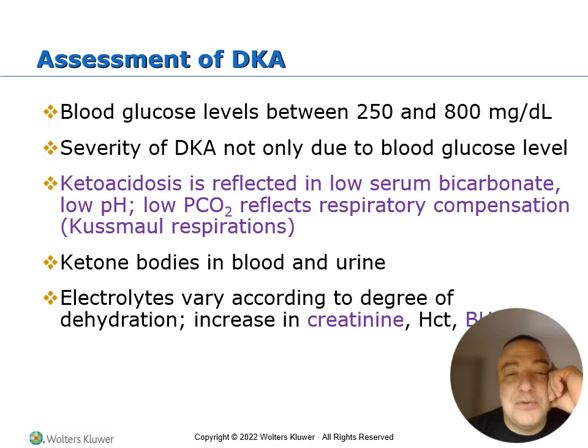Remember this: deep, rapid respirations. Okay, that's Kussmaul breaths. They're breathing very fast, very deep. Okay, I know I sound creepy when I did that, but that's all right. Y'all needed something to wake you up.